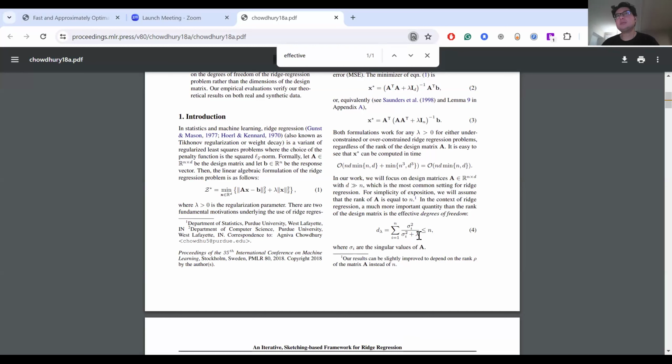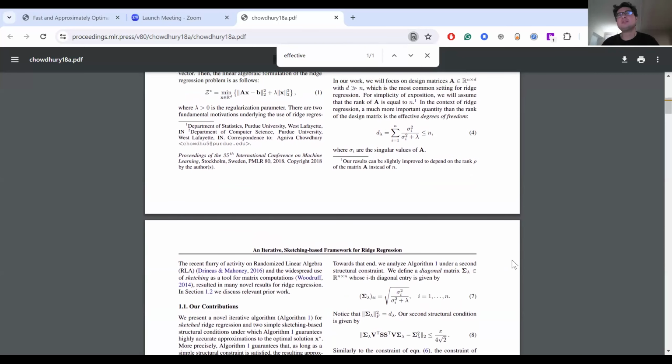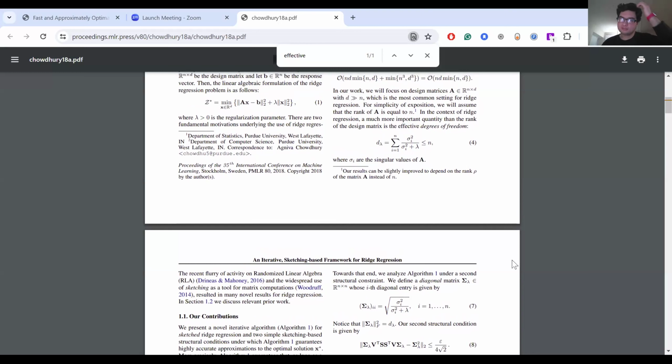Some people call that the effective dimension, or in this case, it seems that they're calling it effective degrees of freedom. I see. I don't know exactly how it helps. I never got deep into these papers, but at least in terms of number of samples, it helps a little bit. Okay, thanks, Mehrdad. It was just out of curiosity.